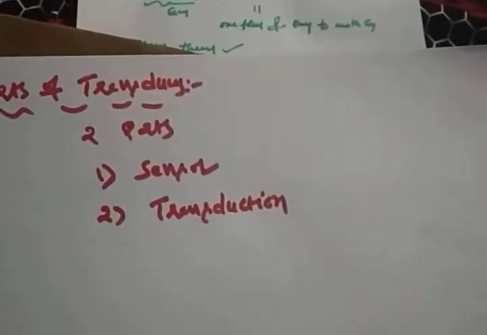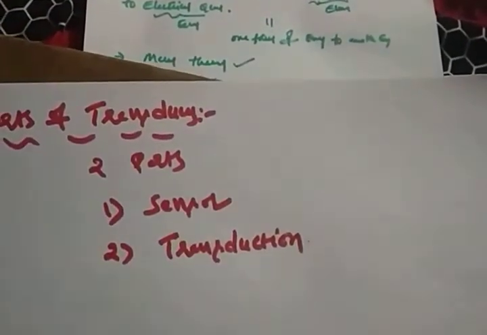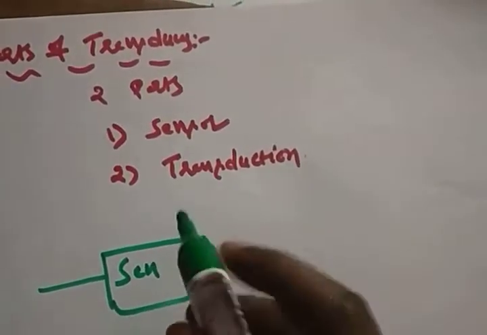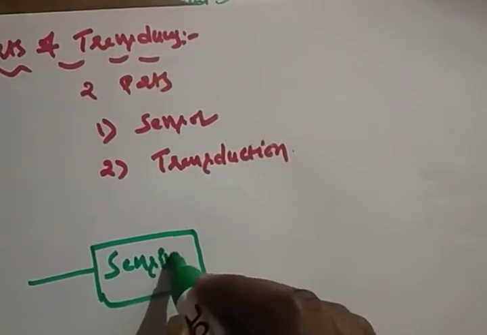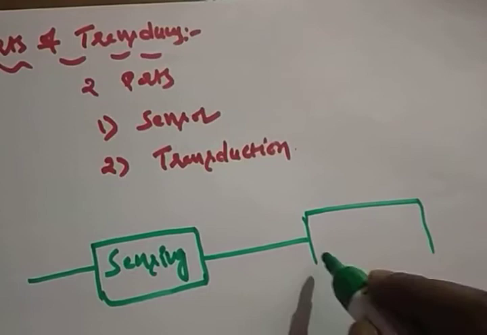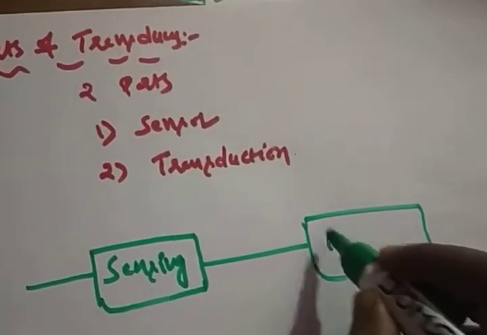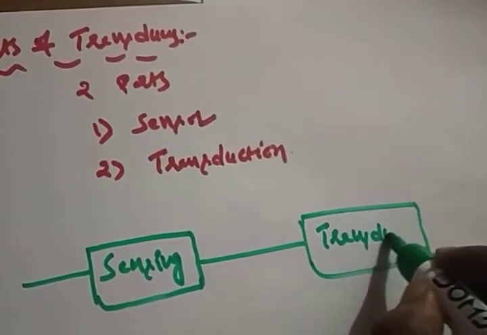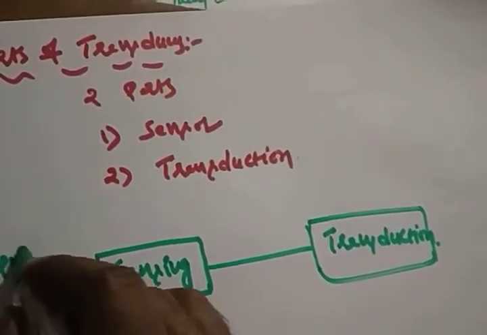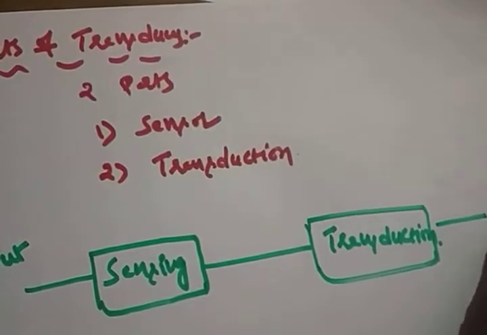Now we'll discuss the block diagram of a transducer. This is the sensing element. This is the transduction element, which is my input. This is my output. So this is the block diagram of a transducer.